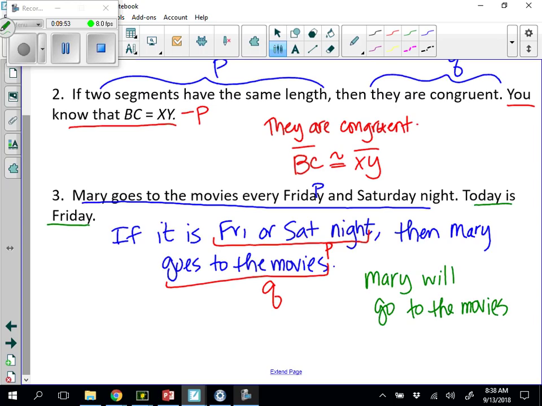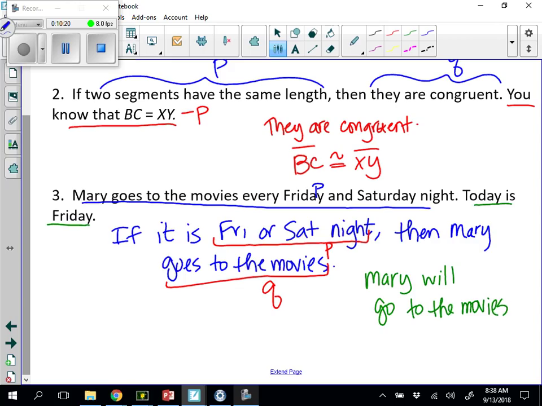So to break down an example that would not qualify for law of detachment, let's say I change this a little bit. If I were to change the second sentence here to say, Mary goes to the movies, you would not be able to conclude it's Friday or Saturday night by the law of detachment, okay?